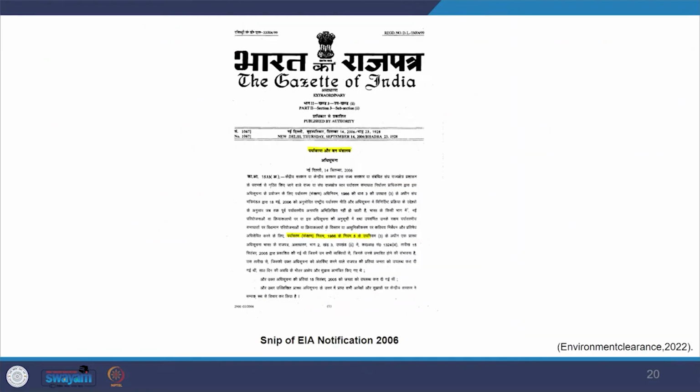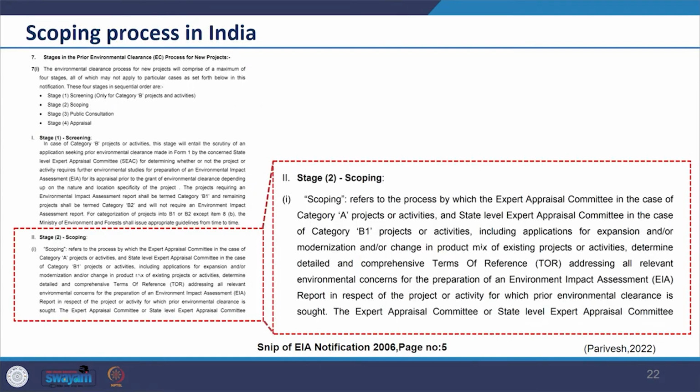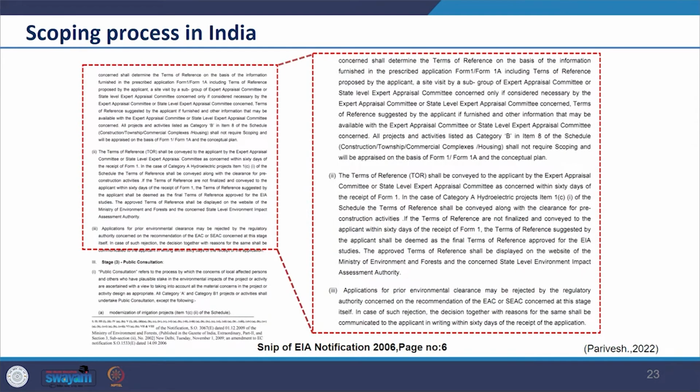We see that with the amendments, this process has improved, and a wide range of aspects are now covered in EIA. And for the terms of reference, we have a standard TOR, as well as one provided by the respective authority.